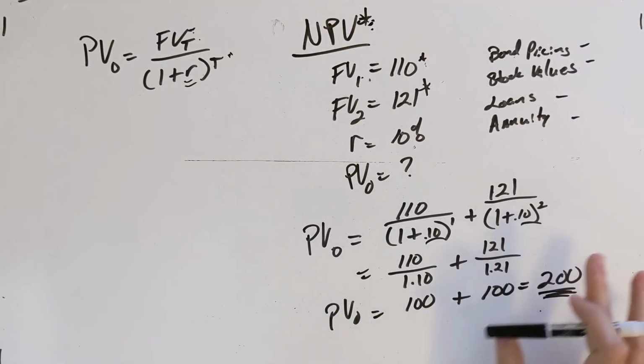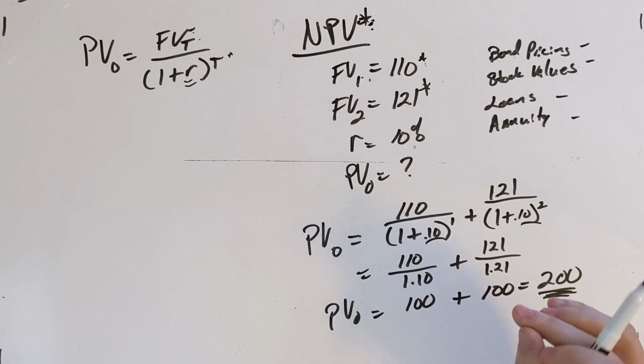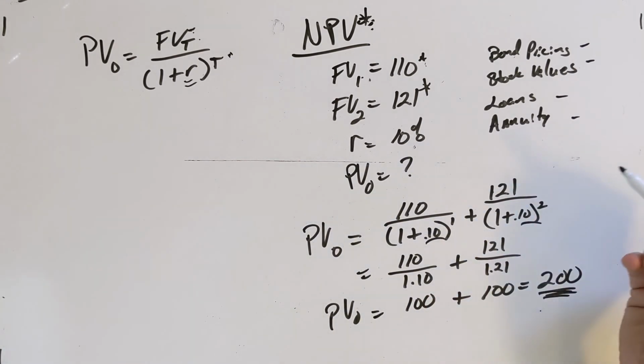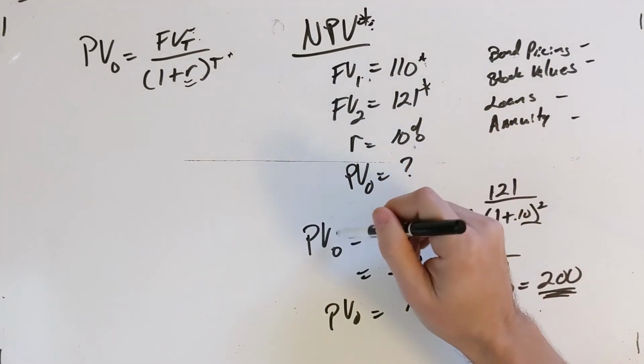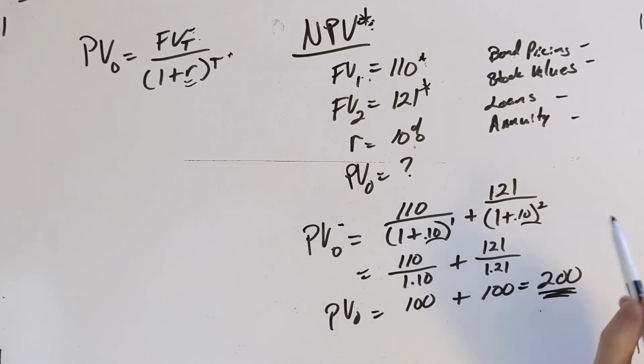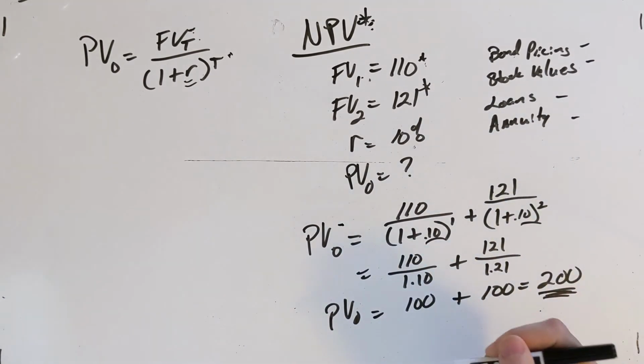It's very simple. At its core, something is worth, right? A financial security is worth, any economic exchange is worth right now the sum of the present value of its future cash flows.